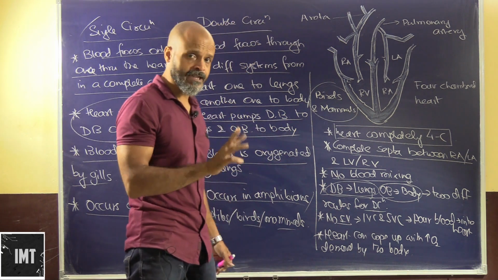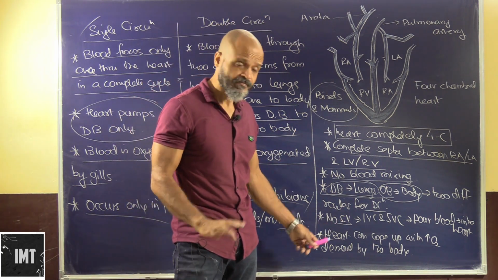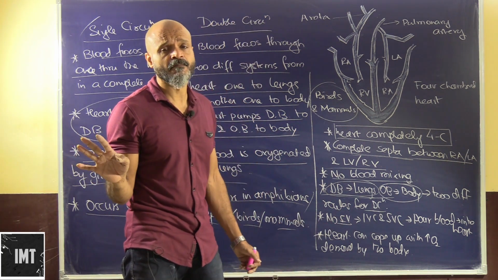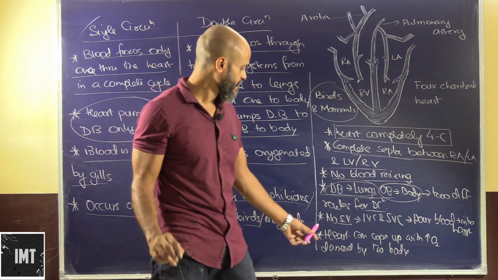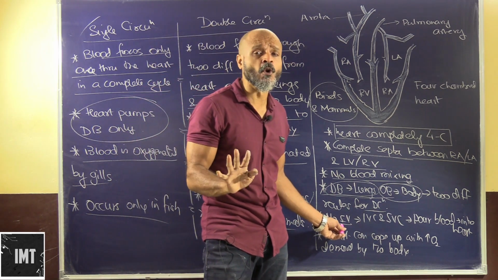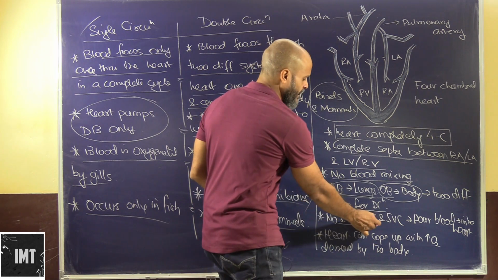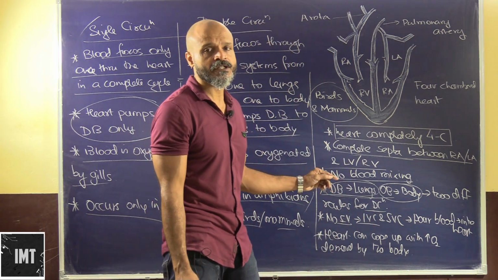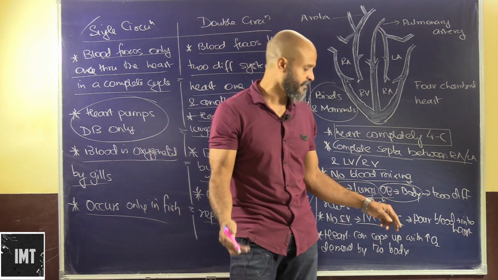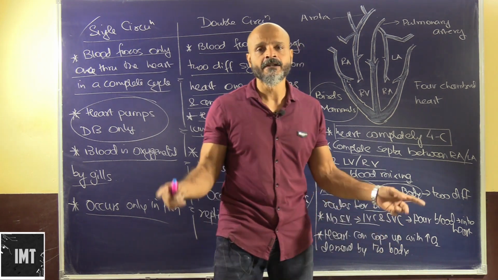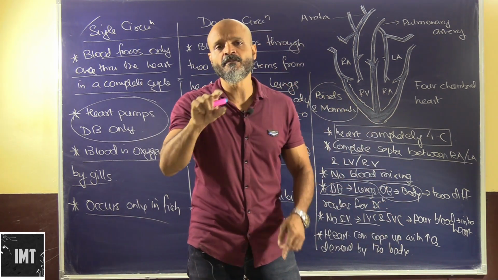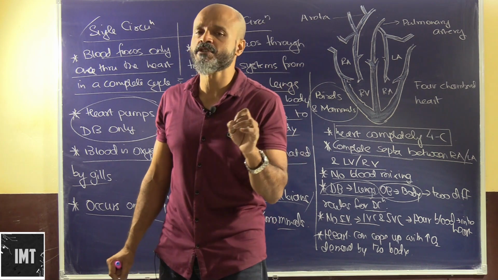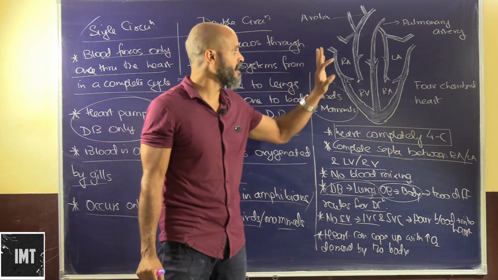Now in birds and mammals, the sinus venosus completely gets extinct. So there is no sinus venosus. We have an inferior vena cava which is carrying blood from the lower part of the body, and superior vena cava, which is carrying blood from the upper part of the body. They are carrying the deoxygenated blood to the right auricle of the heart.